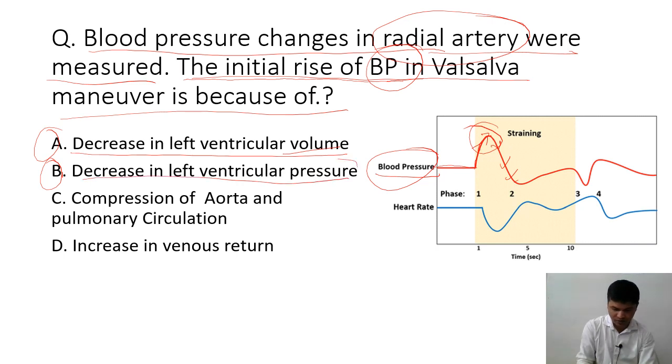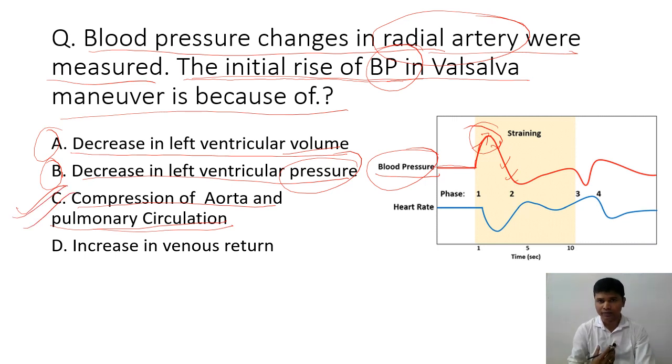Decrease in left ventricular pressure? No, pressure will also increase because blood volume will increase. Compression of the aorta and pulmonary circulation: yes, obviously this is going to be your answer, because intrathoracic pressure is going to increase.